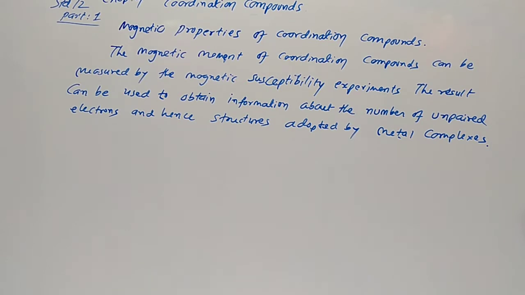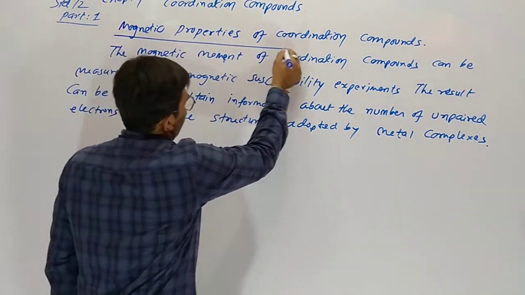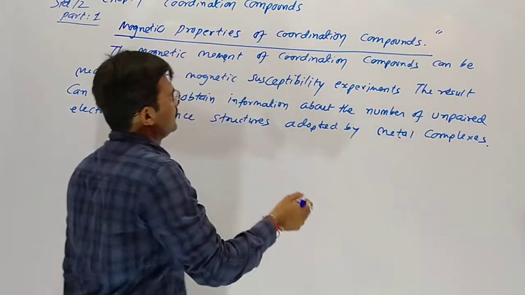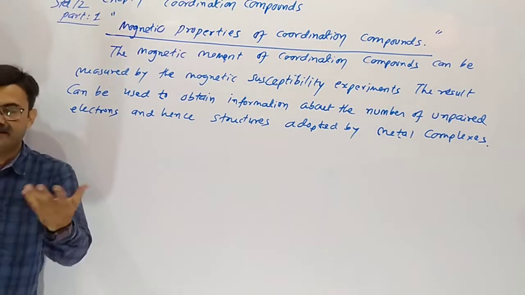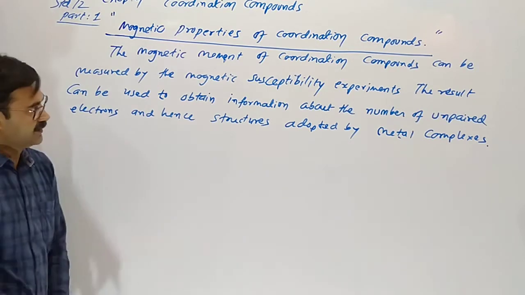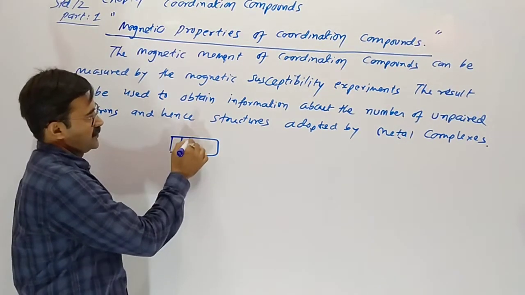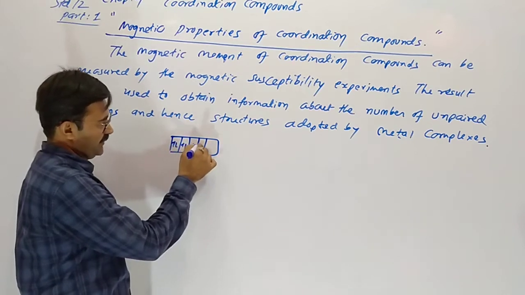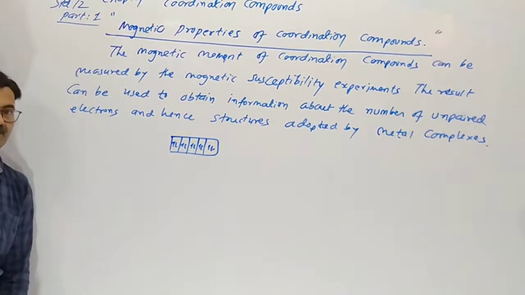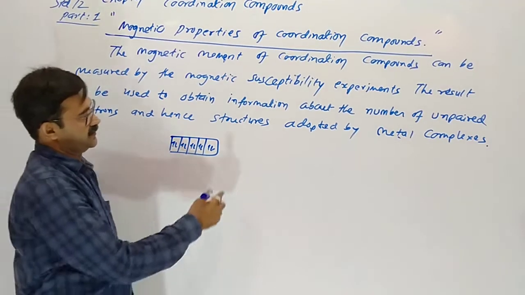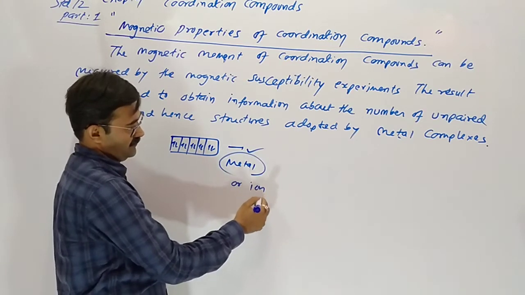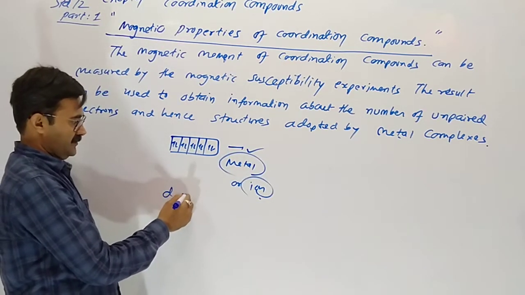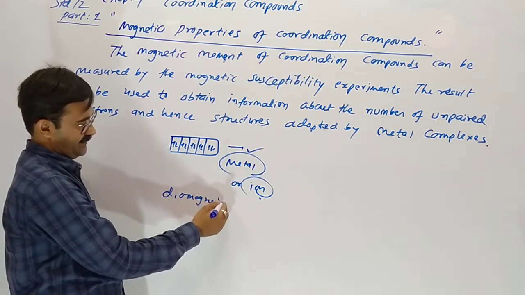Dear students, now we are at our new point: magnetic properties of coordination compounds. Two types of magnetic properties we know: diamagnetic, otherwise paramagnetic. Everybody knows whenever all the electrons are paired, with no unpaired electrons in the metal atom or ion, it should be diamagnetic by nature.